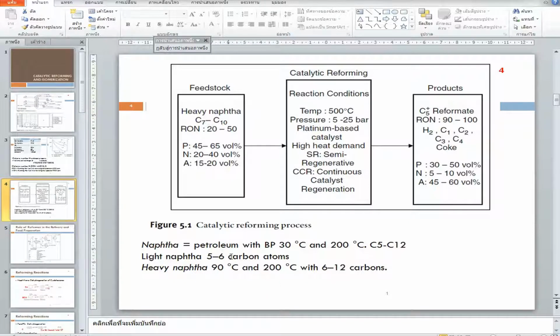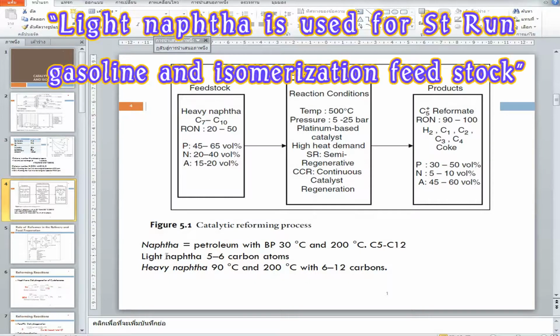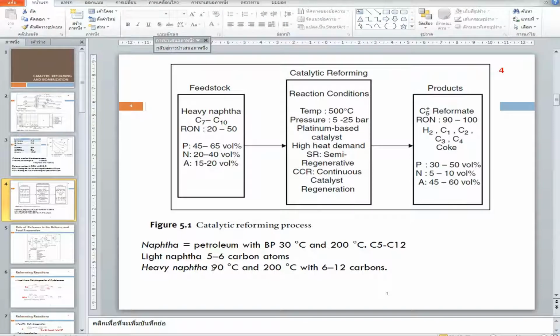The light naphtha can be used directly as straight run gasoline. However, the heavy naphtha should be carried out in catalytic reforming to improve the octane number. So in this case, the feed of the reaction is heavy naphtha.